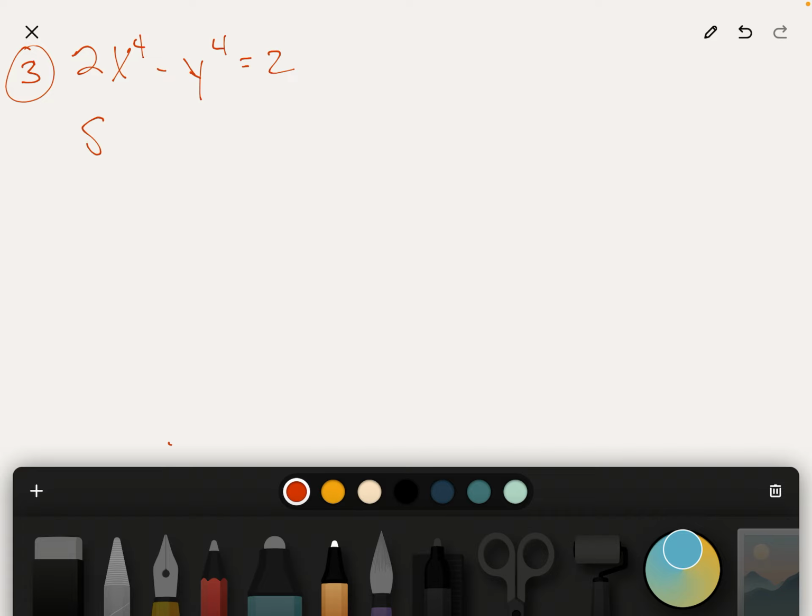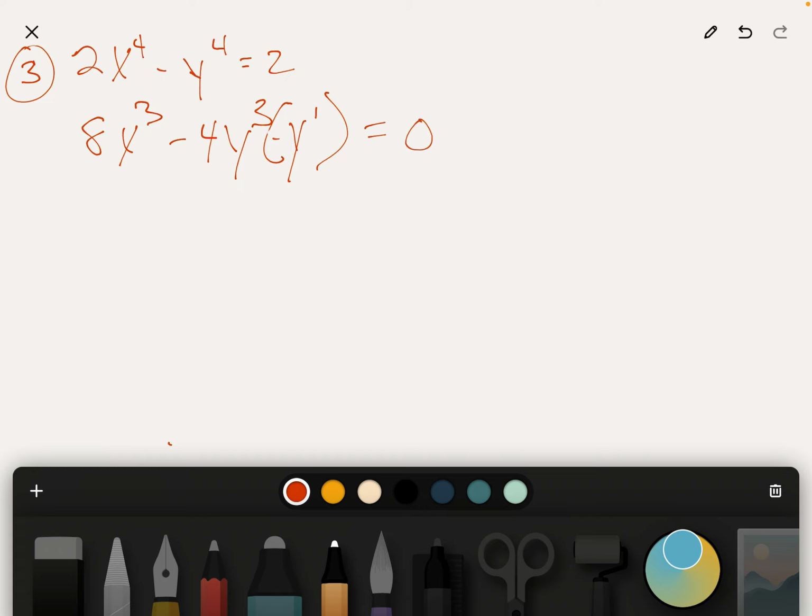Implicit differentiation. So we get 8x cubed minus 4y cubed times y prime equals 0.